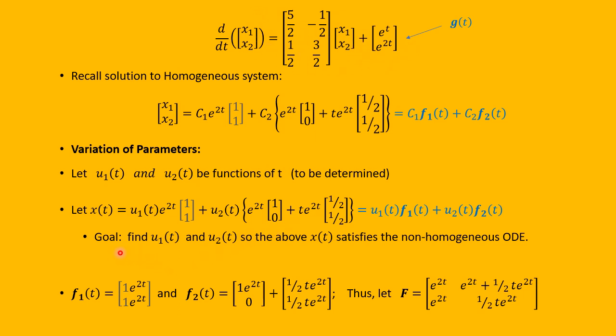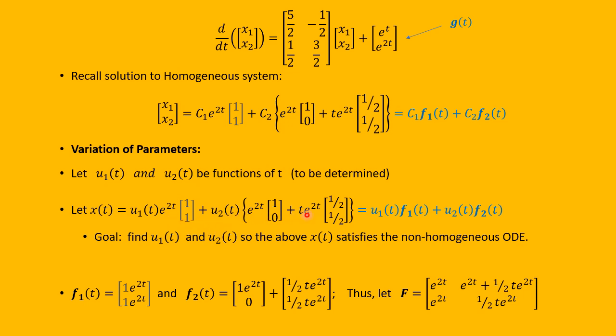So our goal is to find u sub 1 and u sub 2 so that it satisfies this non-homogeneous ordinary differential equation. So when we look at what we have here, the f1 of t is this stuff right here, so that this first term is just u sub 1 times f sub 1.